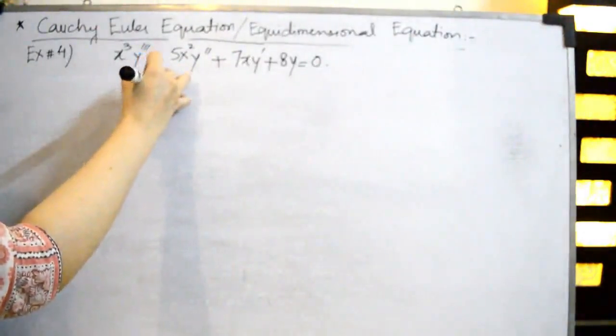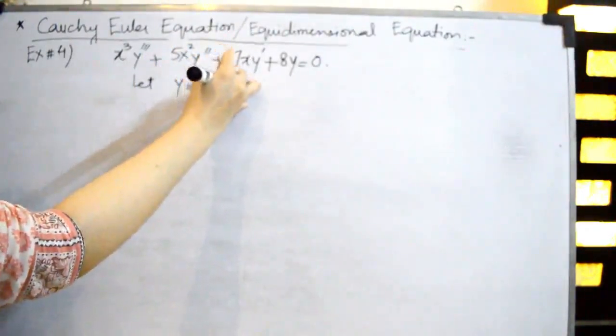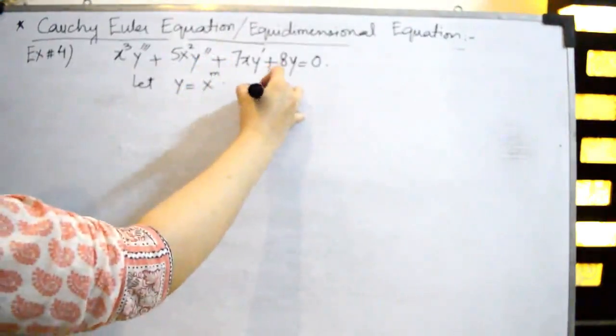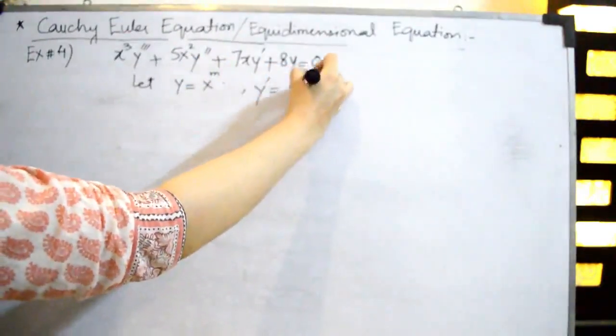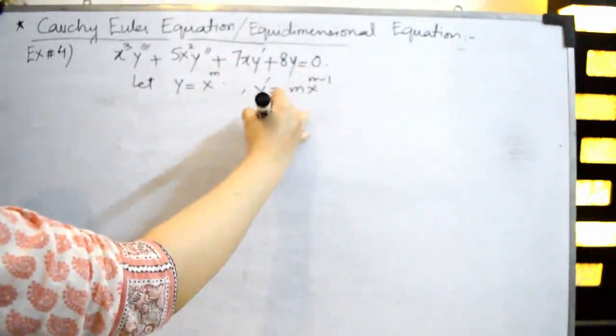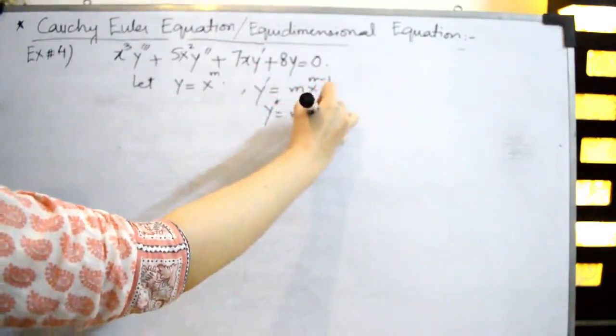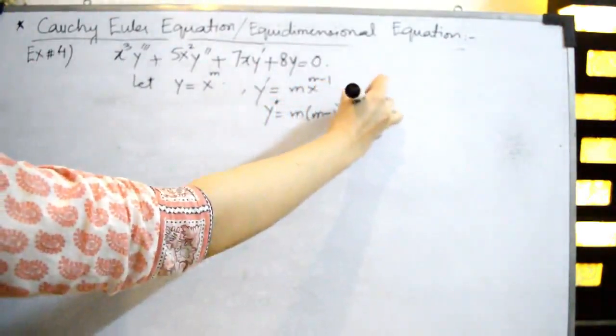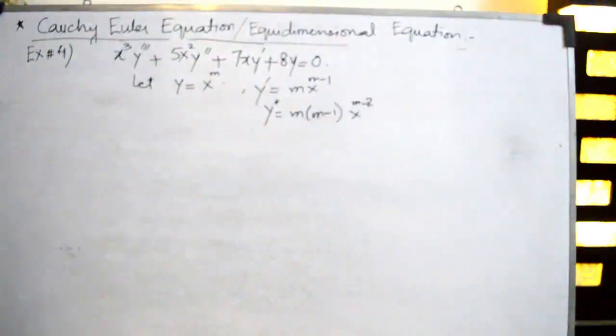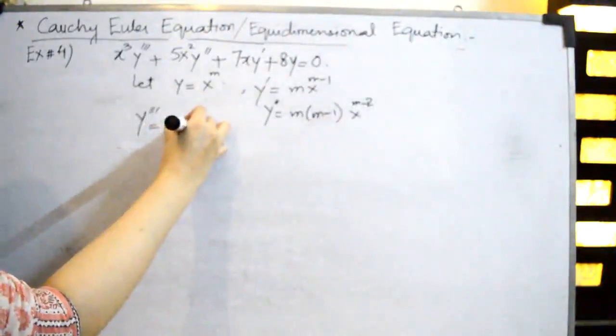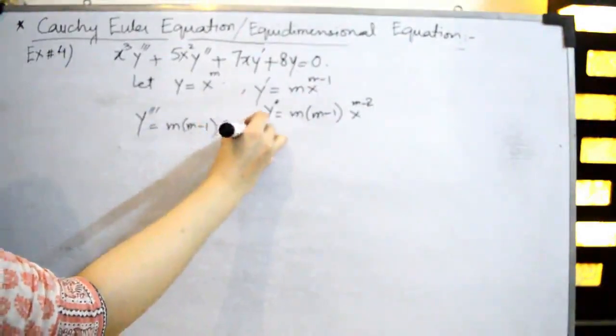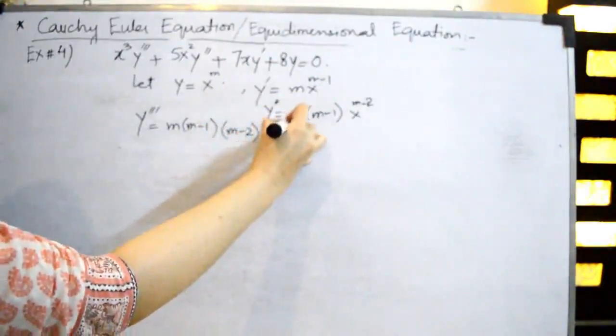So let y equals x to the power m, and y dash is m x to the power m minus 1, and y double dash is m into m minus 1 x to the power m minus 2, and the third derivative is m into m minus 1 into m minus 2 x to the power m minus 3.